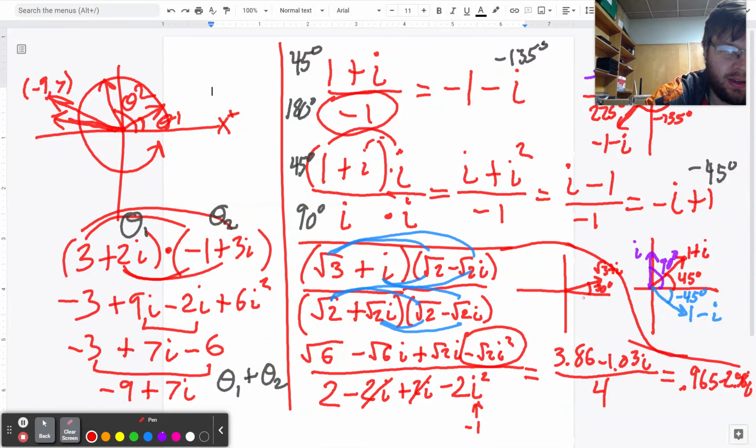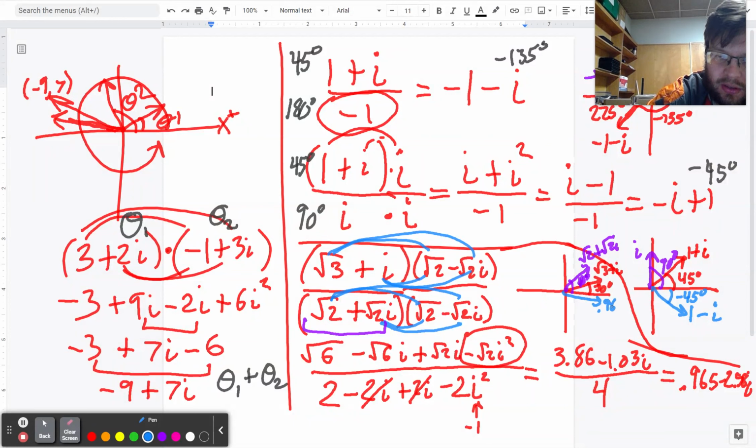We divided by square root of 2 plus 2i, and that's at a 45-degree angle. We ended up with something that's really like that.